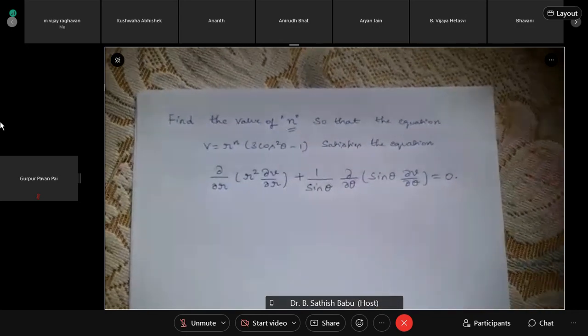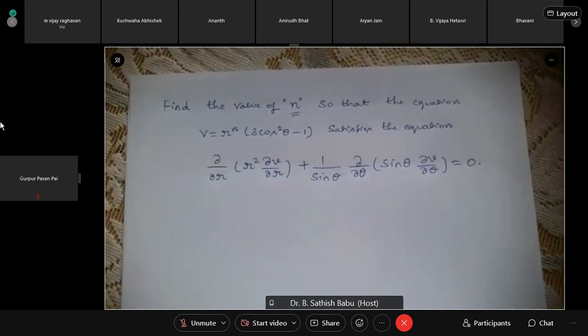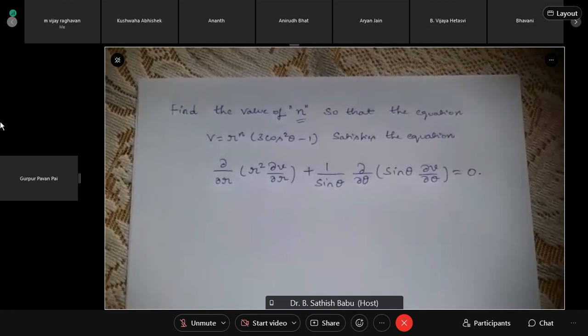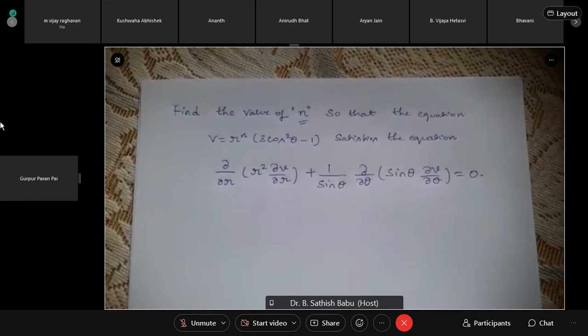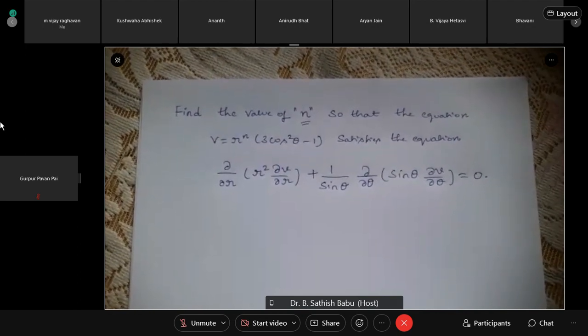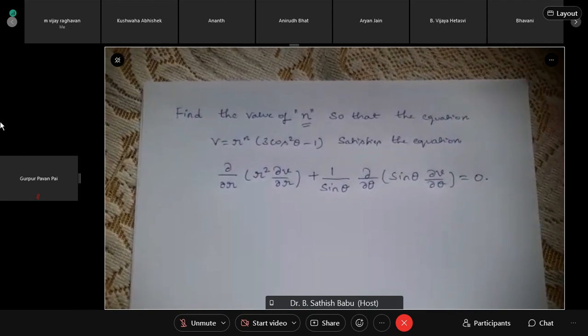How can we approach this question? Find dou v by dou r and dou v by dou theta. That's all.